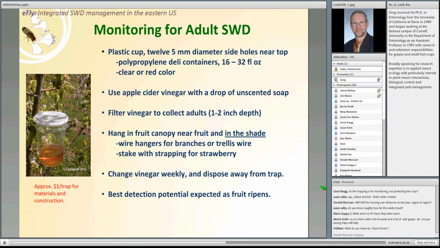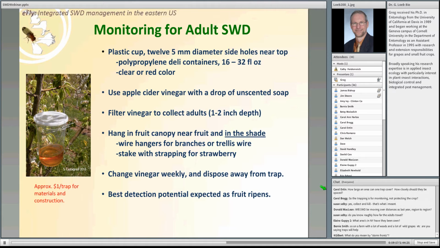Not necessarily that traps would help eliminate them like a mass trapping, but the adults would be captured sooner than they would in, let's say, your fall raspberries, and you could use that as an early warning that, okay, I need to be doing something with my raspberries.